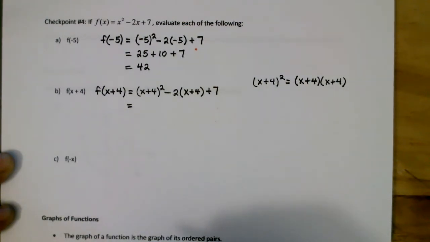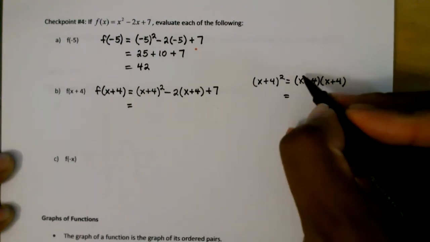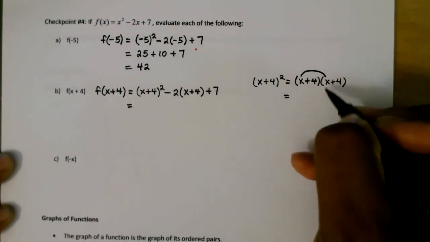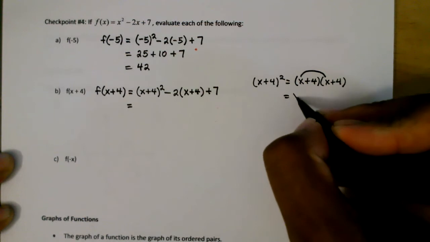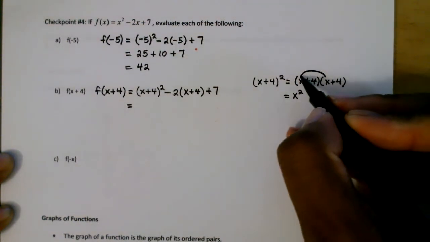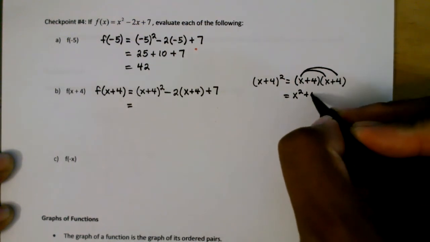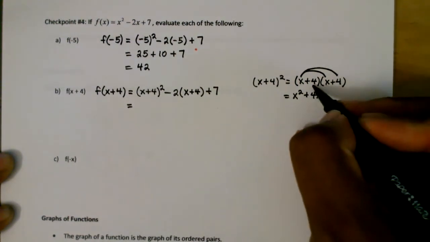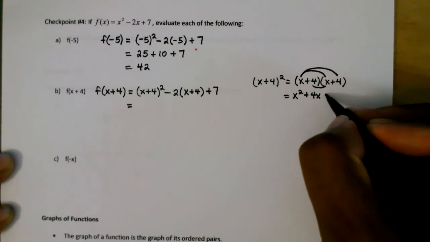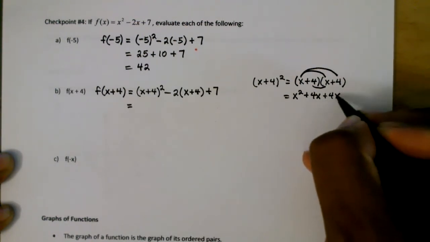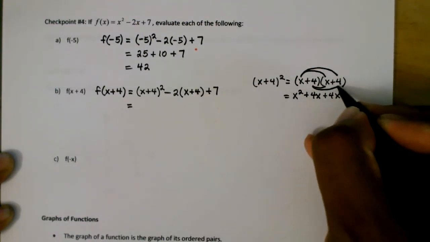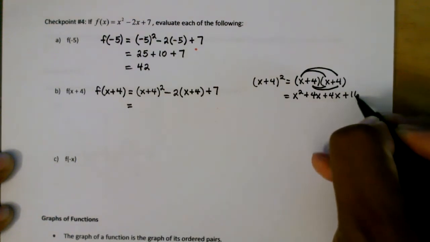And then use the FOIL method for this. So here, first times the first, that's x times x, x squared. The outer, x times the plus 4 would be plus 4x. The inner, 4 times x will be plus 4x. And then the last times the last, 4 times 4, that'd be plus 16.